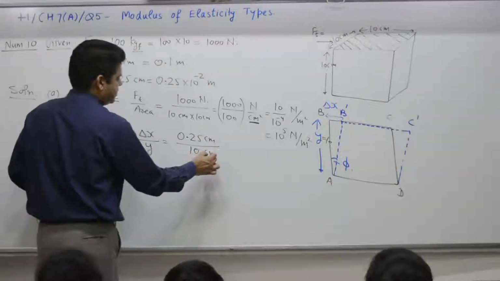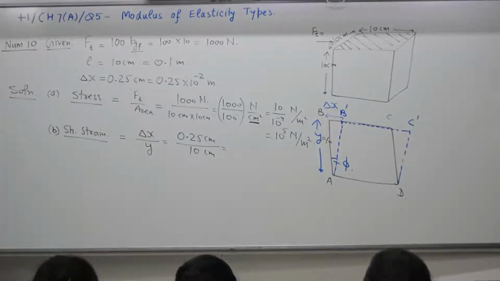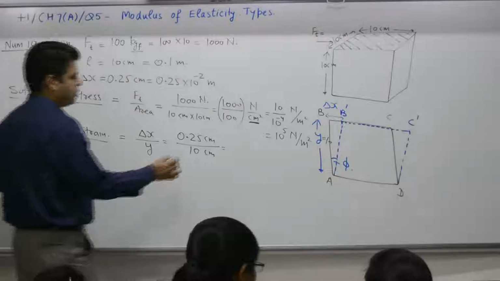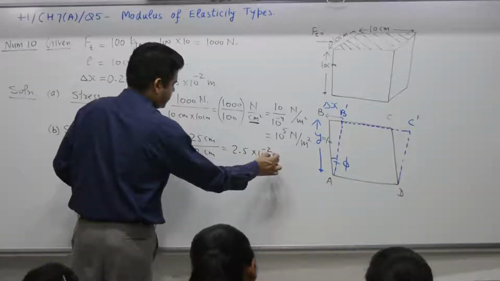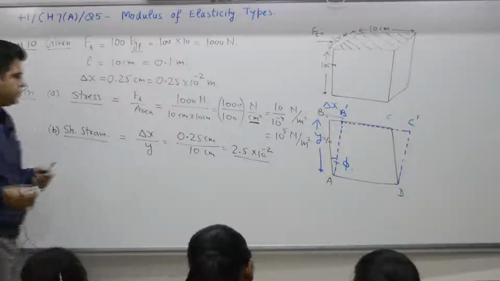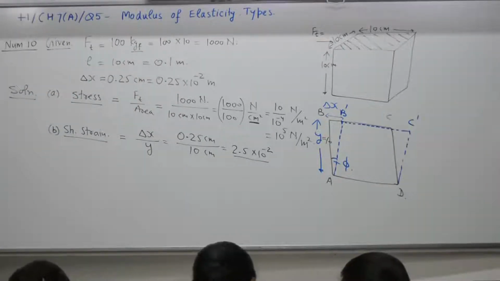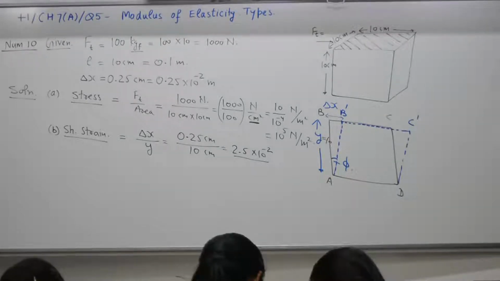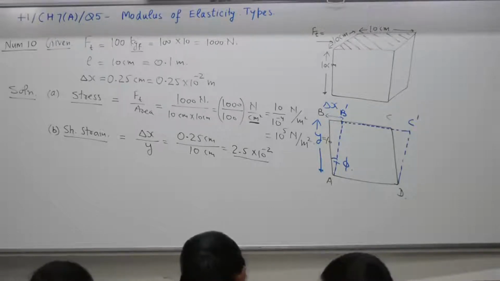So it is 25 into 10 raised to the power minus 3, or 2.5 into 10 raised to the power minus 2. 0.025, same.